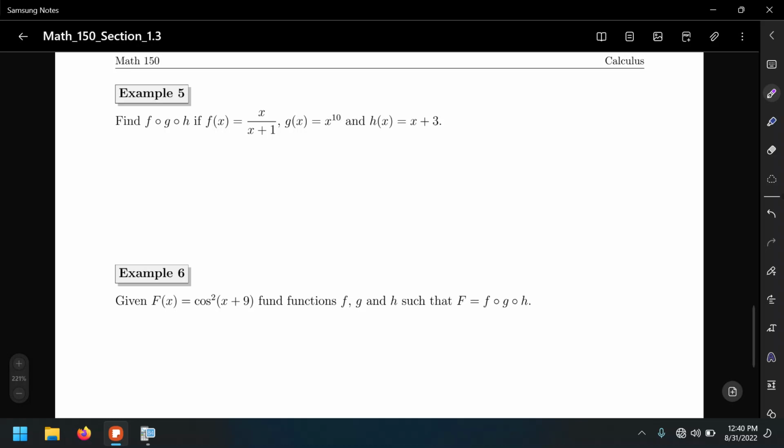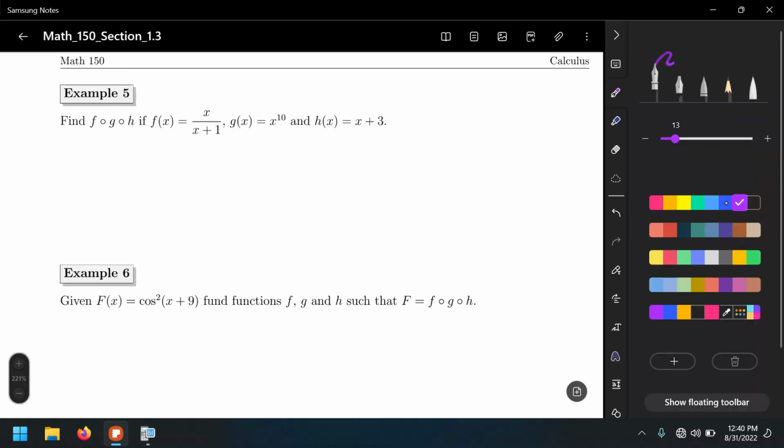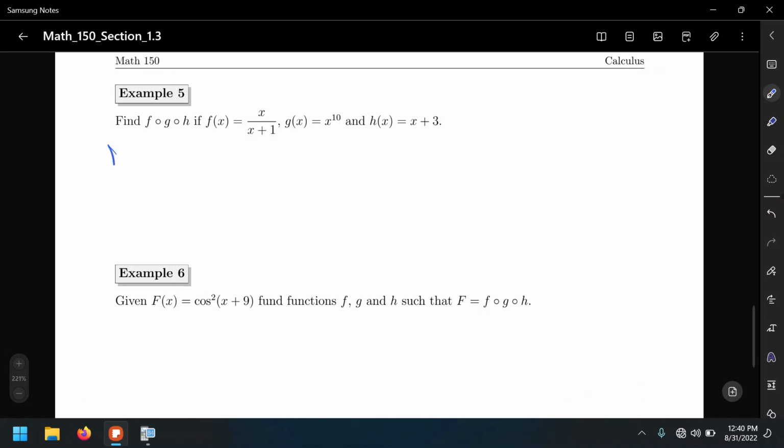So in this case, we're going to create the function first. Whenever we see this notation here, f bubble g bubble h, this means f evaluated at g, which is also evaluated at h.